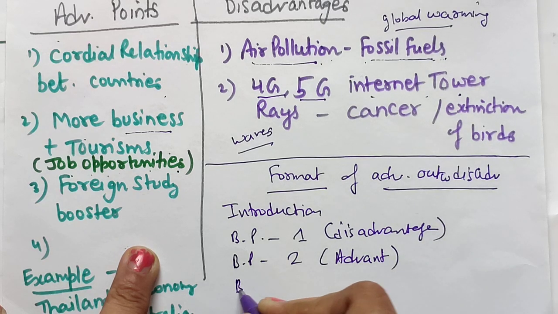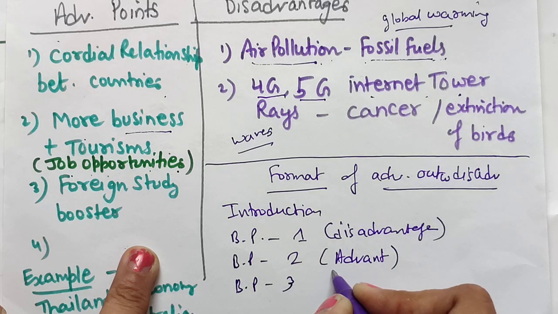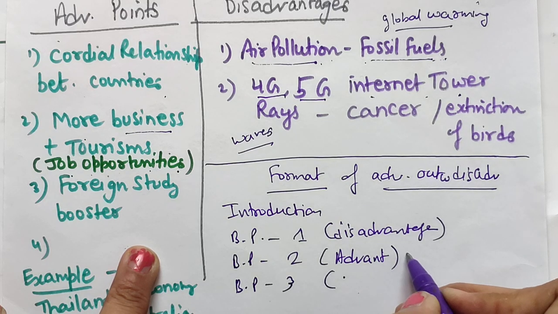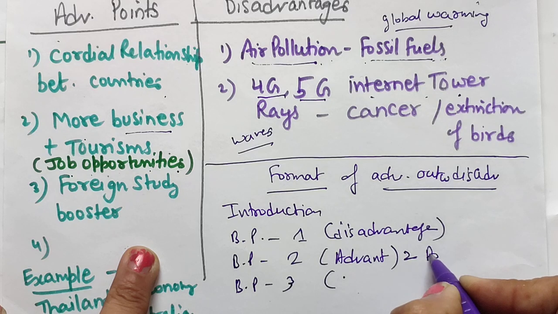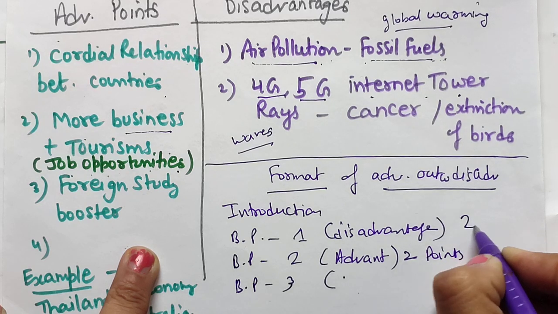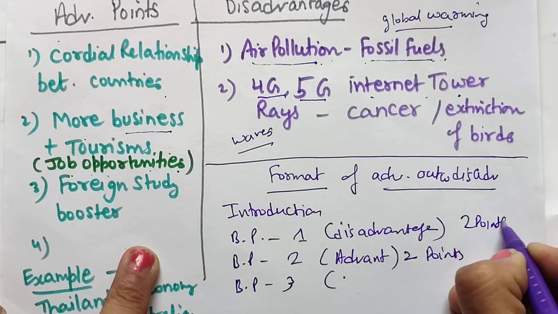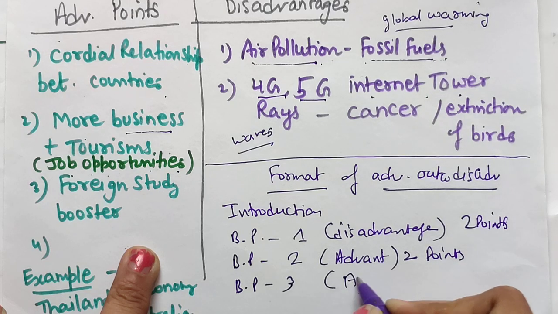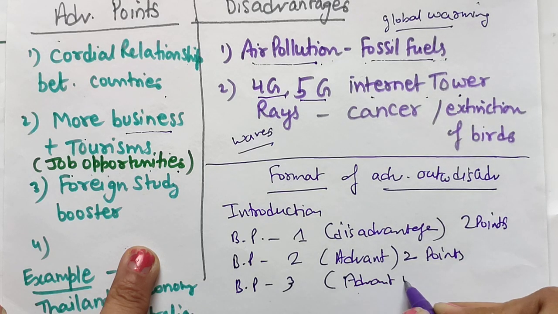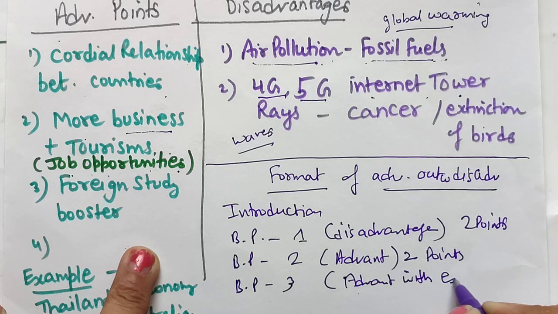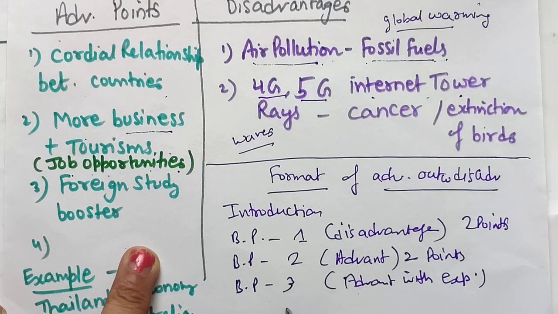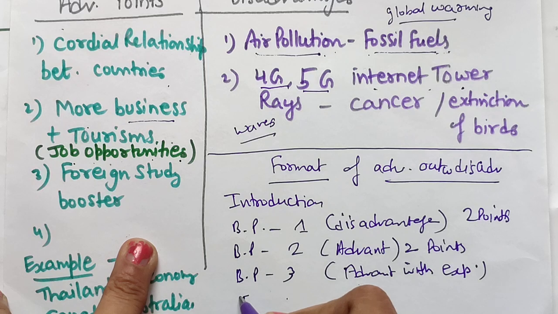Okay, and BP3 also you can make for the last advantage, because we need to write two points over here, two points for disadvantages and one advantage, the leftover advantage with an example in the third paragraph. Okay, now the fifth paragraph is the conclusion.